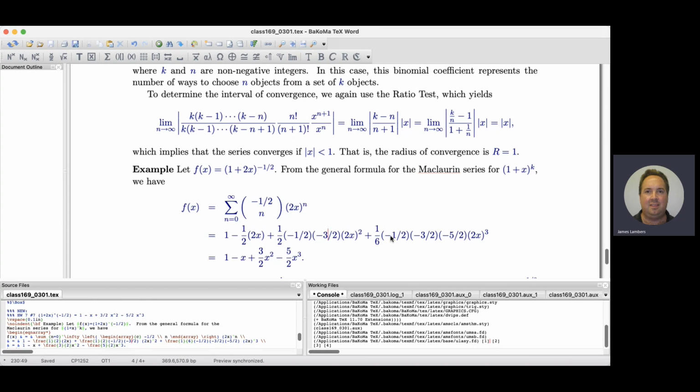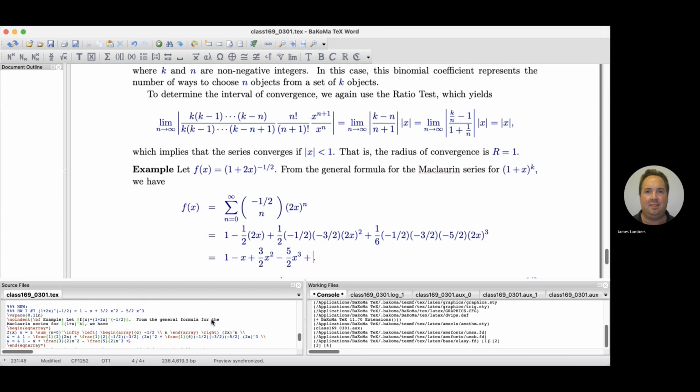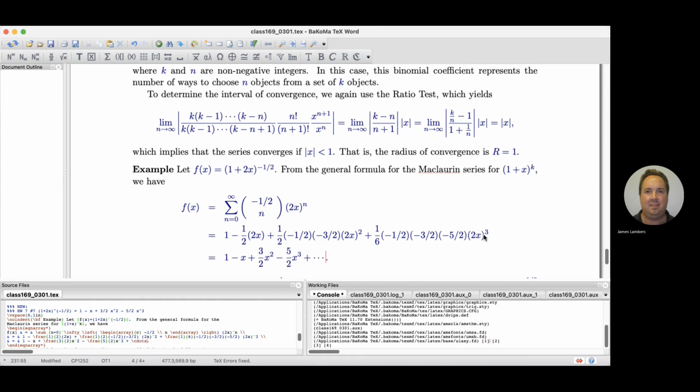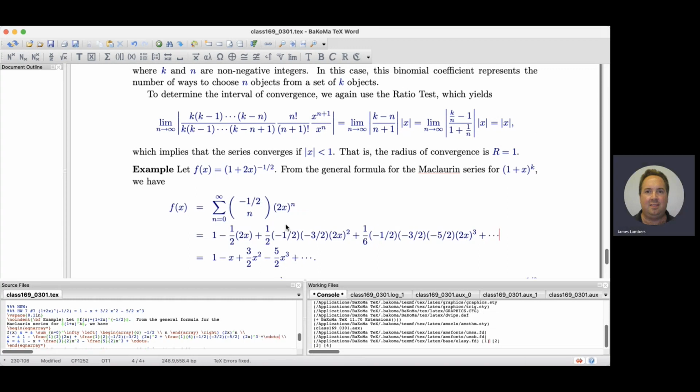And then I have minus 1/2, minus 1/2 minus 1, minus 1/2 minus 2 coming from here. So we can work out what this is, and this is the third degree Taylor polynomial with center 0. Also, oh, whoops, I totally forgot. We do have more terms. These are just the first 4. And I need the same thing up here. Okay.